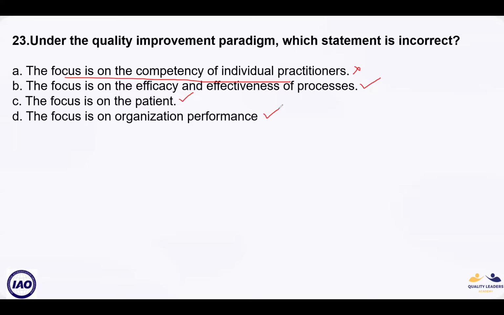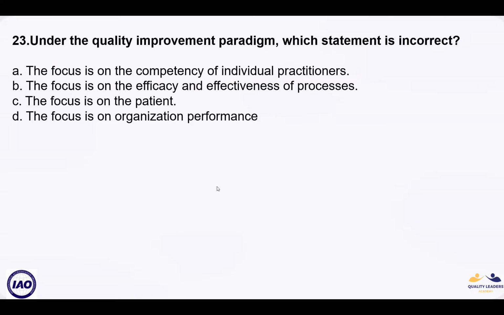QI looks at the whole system or organization and not just at a person, right? So these are the three correct answers. But the question is asking regarding what statement is incorrect. So the correct option is option A. The focus is on competency and individual practitioners. This is more of an old traditional QA framework, not the advanced TQM or quality improvement paradigm related answer.